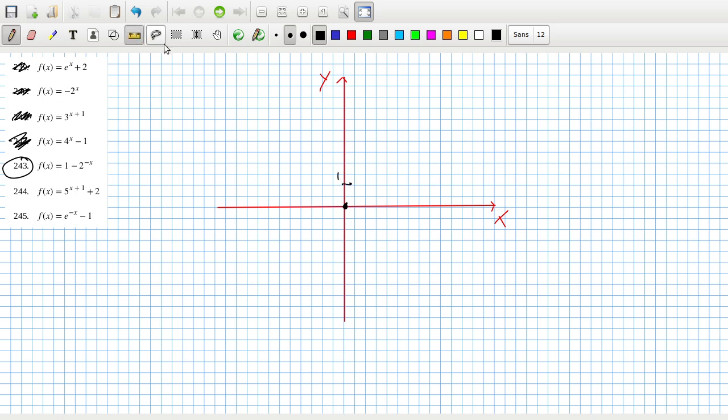So the asymptote looks like it's at 1. Because as this goes to infinity, this will vanish, so it'll be 1 minus 0. And if I have, like, -1, for example, that would be 2 power 1, which is 2. And so that'll be -1.